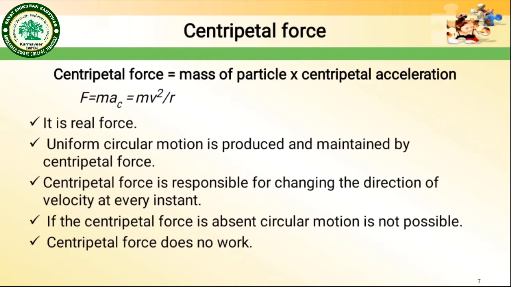Centripetal force can be calculated by F is equal to m a_c, or we can write this in another form, F is equal to m v square upon r, where F is centripetal force, a_c is the centripetal acceleration, m is the mass of the object, v is the speed or velocity of the object, and r is the radius.